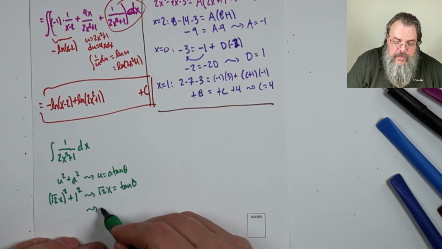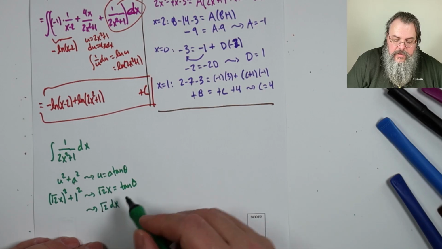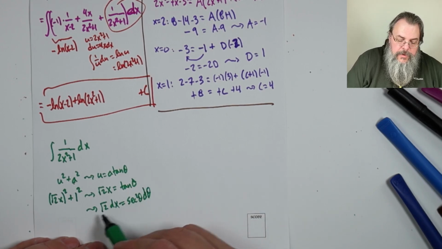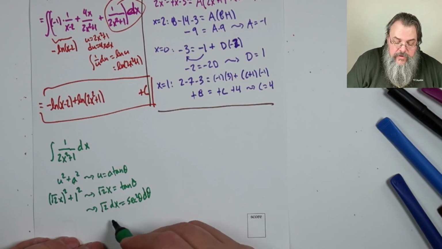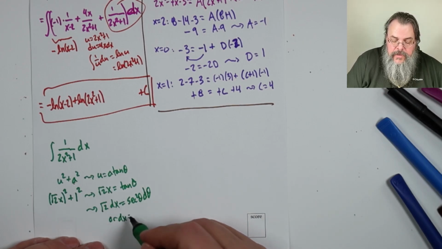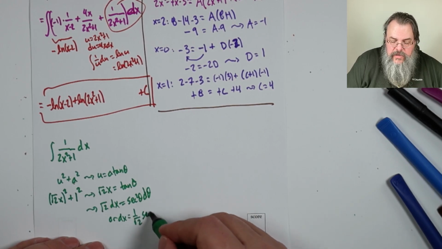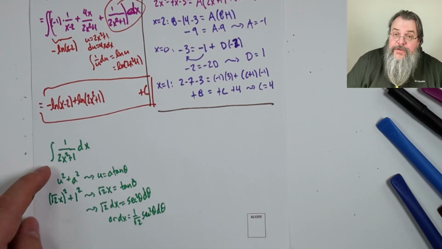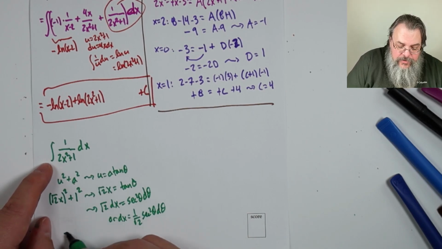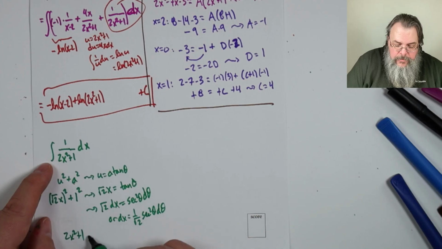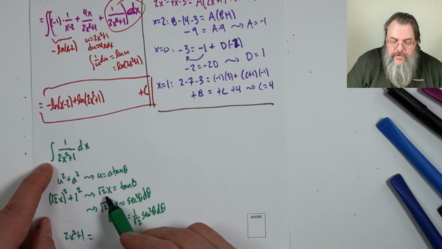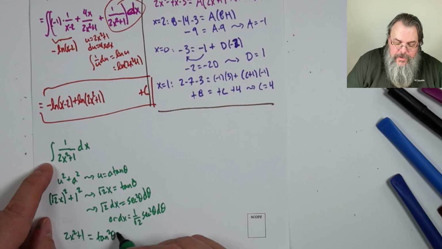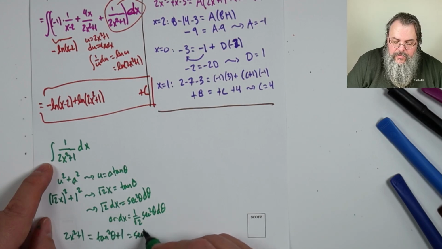Well, that tells us then that square root of 2 dx is secant squared theta d theta. And we can move that square root of 2 across, or dx is 1 over square root of 2 secant squared theta d theta. Now, what happens to this 2x squared plus 1? Well, 2x squared plus 1 becomes, well, the square root of 2x squared is tangent squared plus 1, so that becomes secant squared.